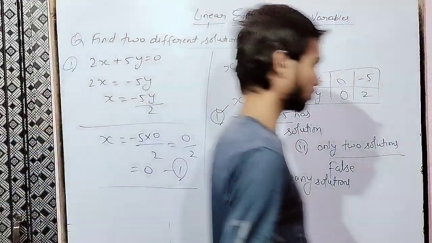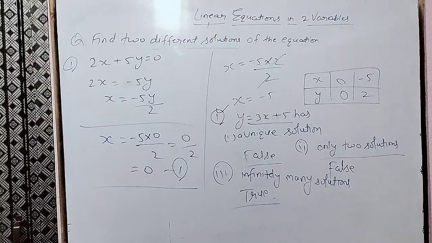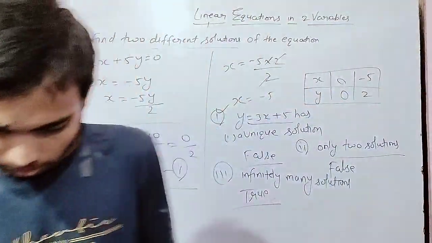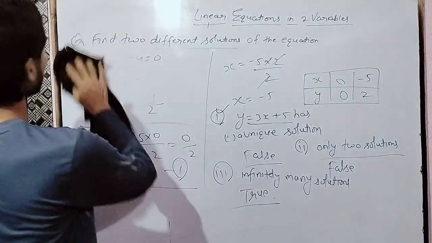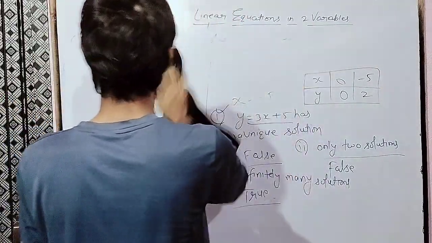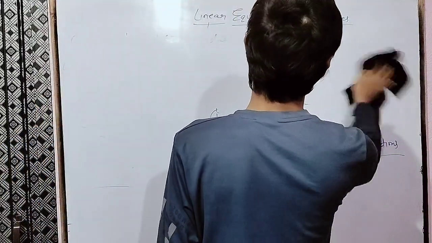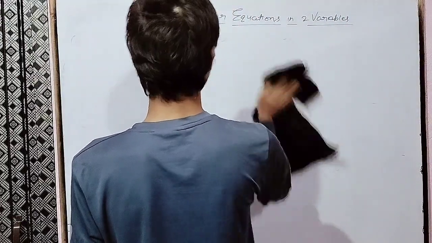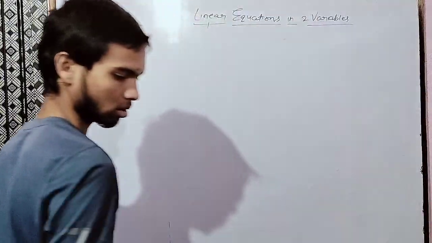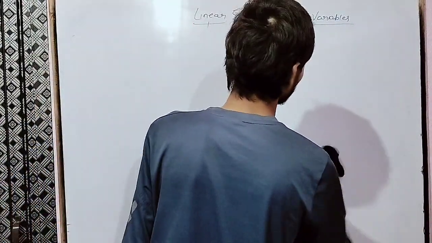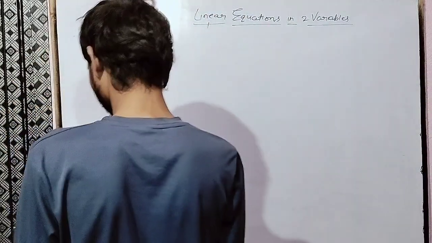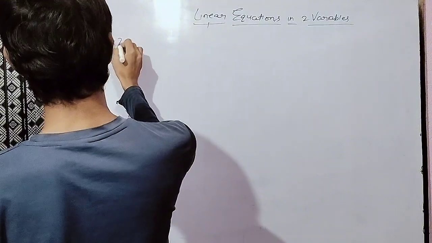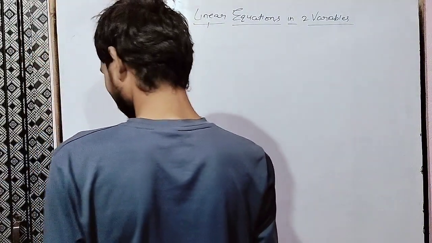Now, something different. We are going to take the equation x minus 2y is equal to 4.